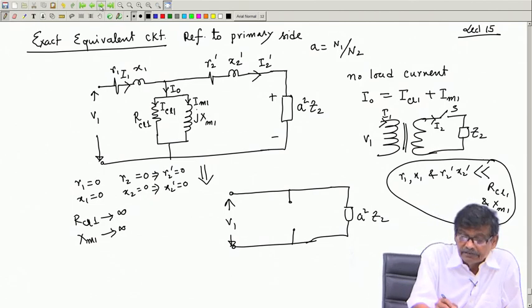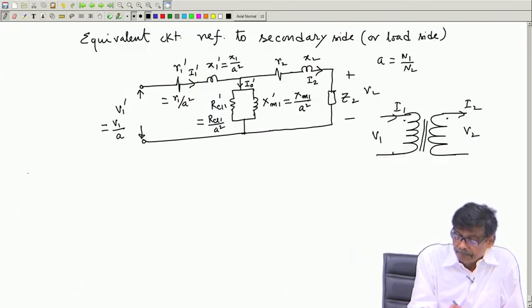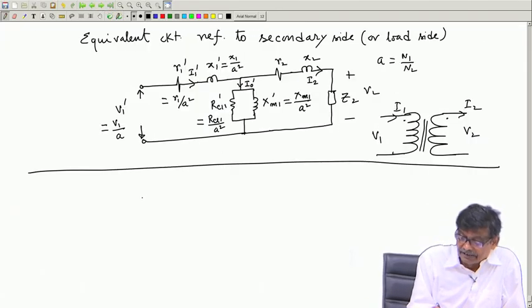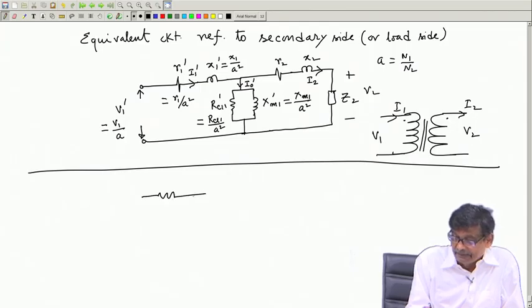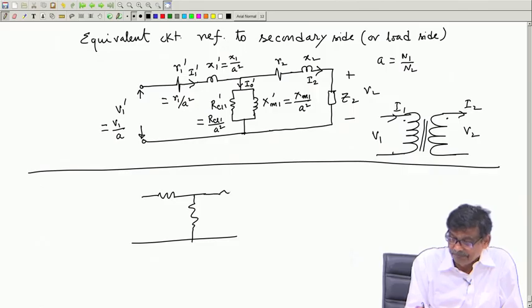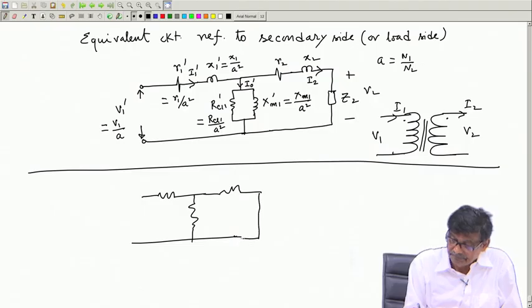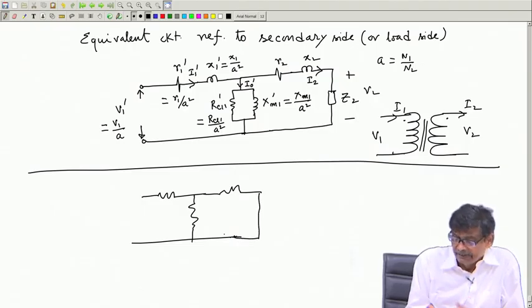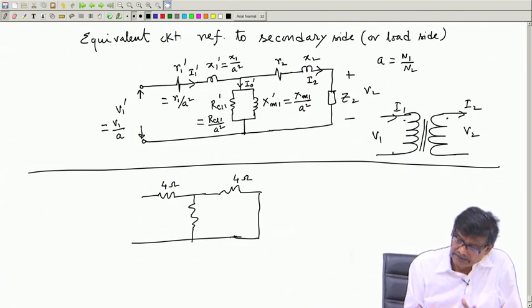For example, what does that mean is, consider suppose a circuit like this. Suppose I say this is 4 ohm, this is 4 ohm, and this is say 80 ohm, I say that.